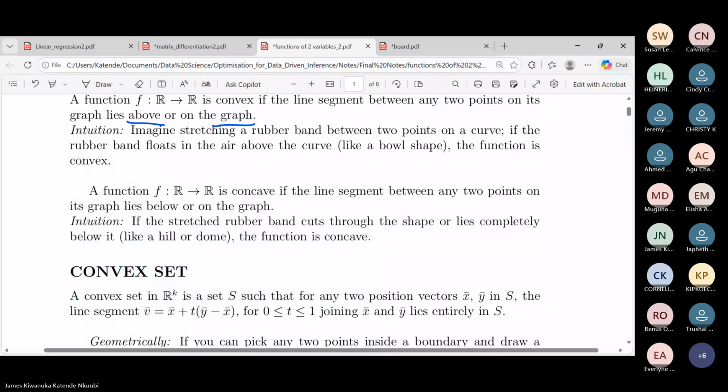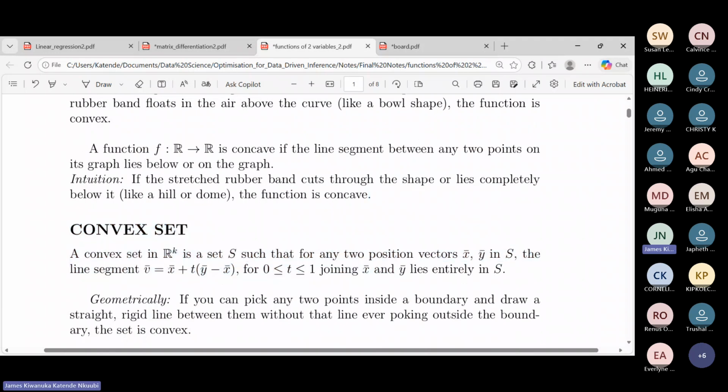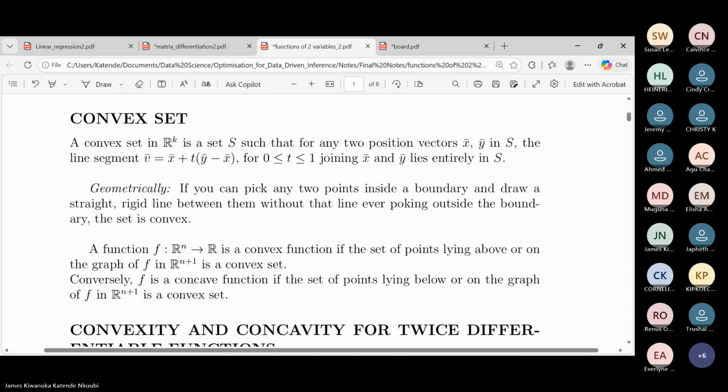Okay. So you need to get the distinction. At the top, we're talking about convex and concave functions. Now we are talking about convex sets. You can also define the concave and convex functions in terms of convex sets. So a convex set can be defined in higher dimensions as follows.